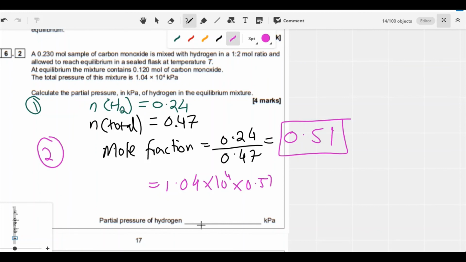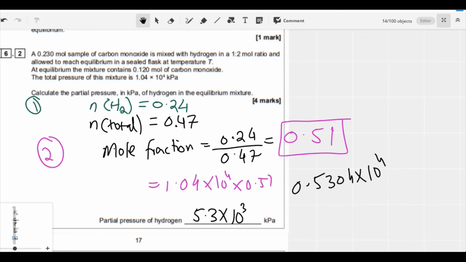So here it is 0.53. The answer will be 0.5304 times 10 to the power 4, or you can write 5.3 times 10 to the power 3 kPa. Okay, so that is your answer. Or instead of writing this way, you can write 5304 complete.